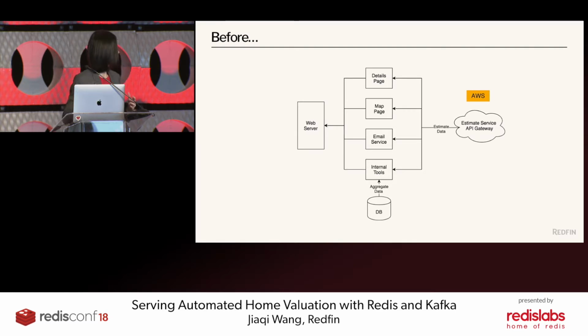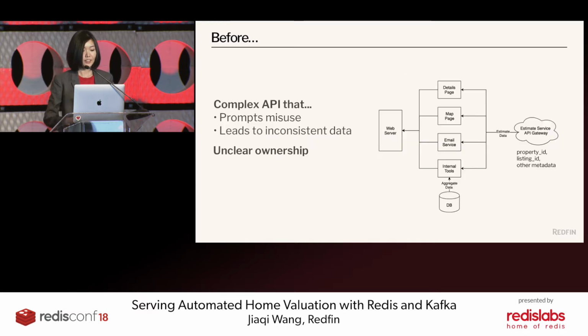On the left side, we have the web server in the middle. Each of the boxes represents a specific service or feature that requires the estimate data. And as you can see, each of the boxes is also responsible for reaching out to the database to hydrate the data. There have been a couple issues we've seen with this specific design.